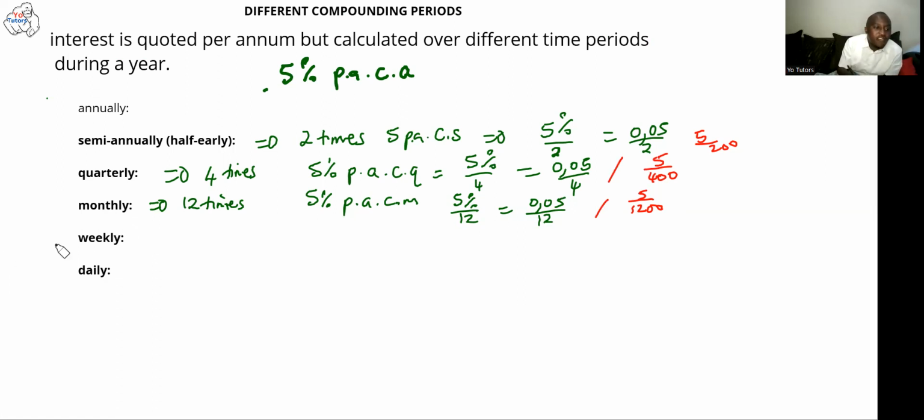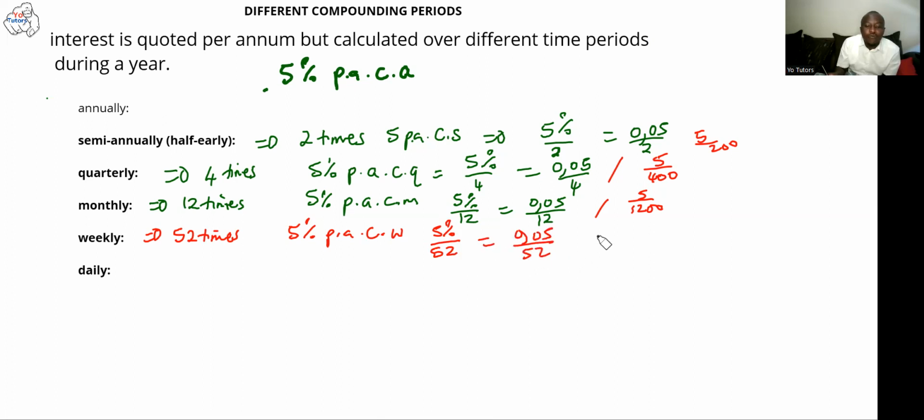But now let's look at if it is weekly. How many weeks in a year? 52. So it's 52 times. If it's 5% per annum compounded weekly, it means that it's 5% over 52, which is equal to 0.05 over 52, which you can also say is 5 over 5200.